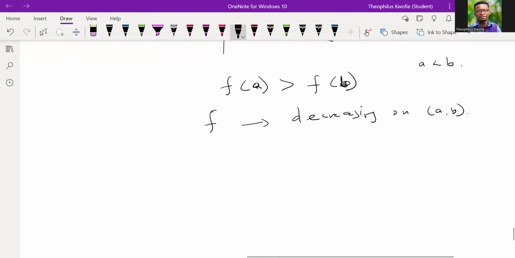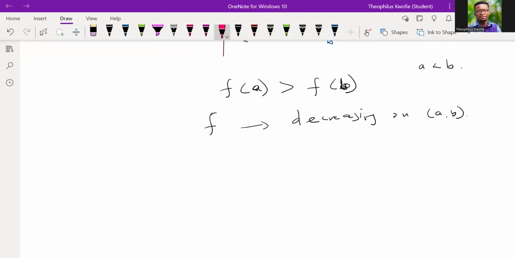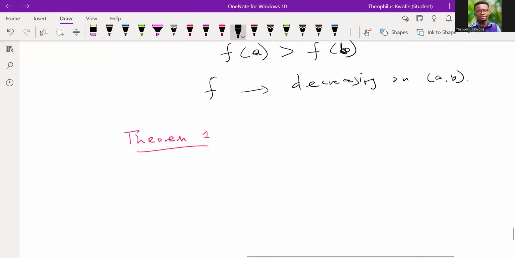All right, so let's look at the first theorem for our discussion today. This first theorem is so important, so please take note of it, because we are going to rely on it very well and use it as a tool to solve some problems. So let's bear that in mind.